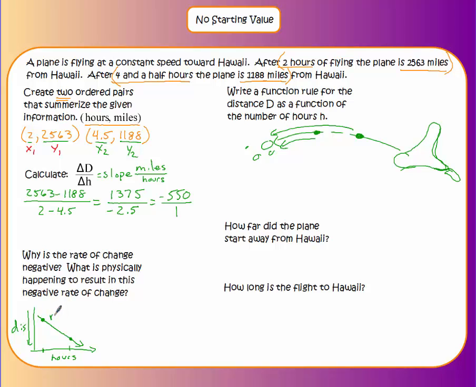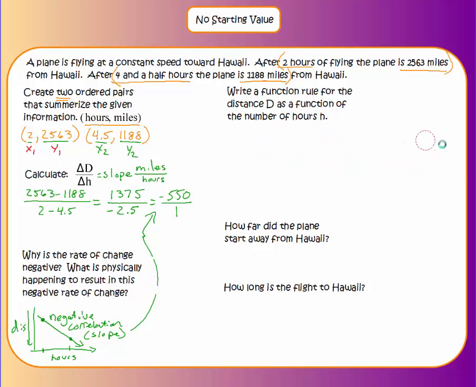So remember, this is a negative correlation. Which means it's a negative slope. And that's exactly what we got up here. We got a negative slope. So we didn't make a mistake. Things are going the right direction. We're doing the right thing here. This rate of change should be negative. Okay, let me erase my horrible drawing over here. Looks more like a nose or something than a New York State.